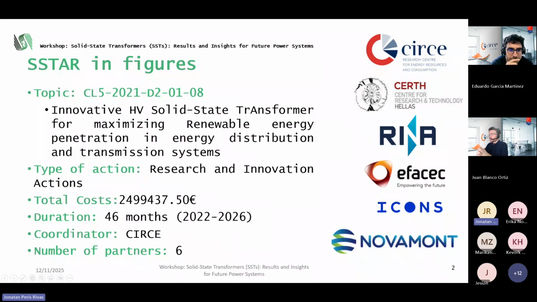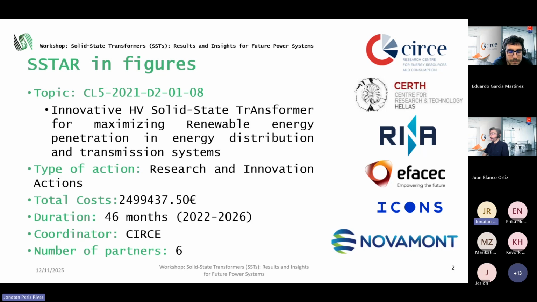So this is SSTAR in figures. SSTAR focuses on innovative high voltage solid state transformers. It's a research and innovation action project with a total budget of around 2.5 million euros, with a total duration of 46 months. In fact, we will finish in February 2026, so the project runs from May 2022 to February 2026.